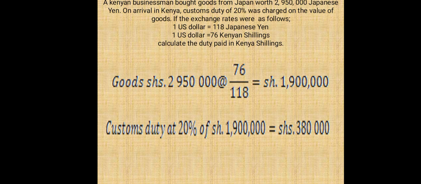So we shall have 76 over 111. That's what the dollar is exchanging in yen, and what the Kenyan shilling is exchanging in dollars. That's a cross rate. And then we get that the cost of goods in Kenya is 1,900,000. Now customs duty at 20% of 1.9 million is 380,000.